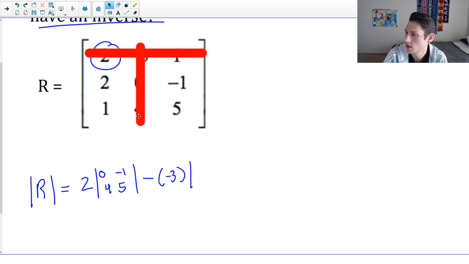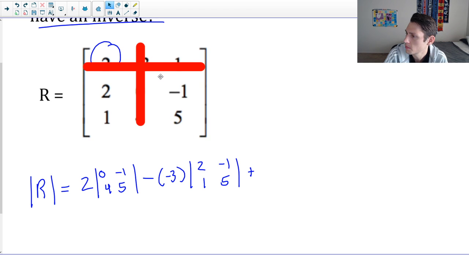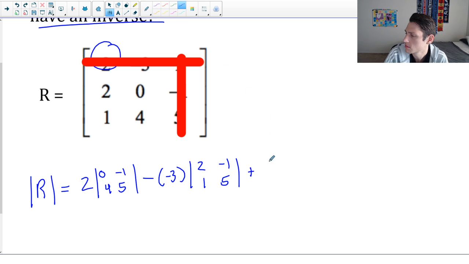I cross out this row and this column, so what am I left with? 2, -1, 1, 5. Right? Plus C, what is C? It's 1. Okay. But then I'll cross out that row, that column. So plus 1 times the determinant of 2, 0, 1, 4.